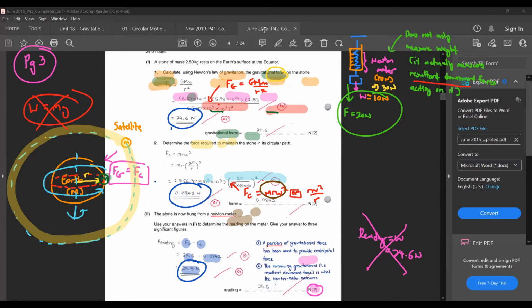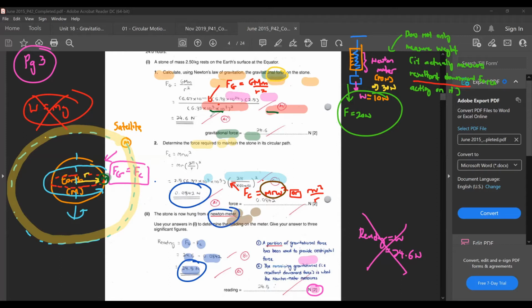Okay, so then I move on to the next one, but you don't really get it. No, the Newton meter is measuring whatever resultant downward force you have.